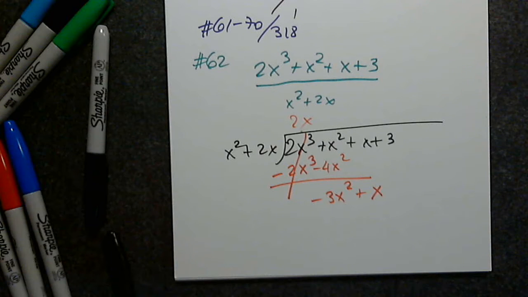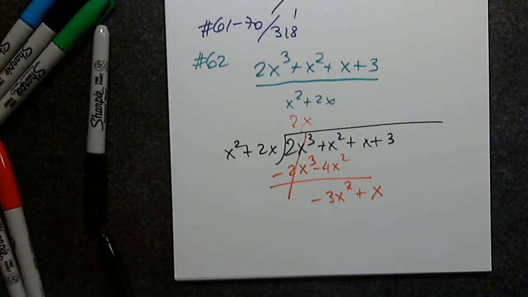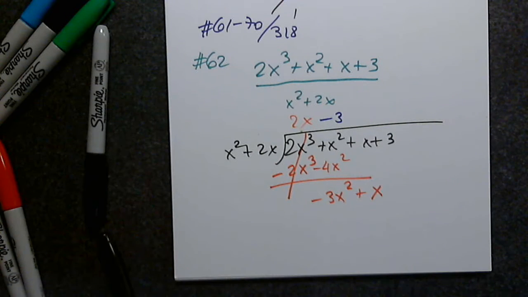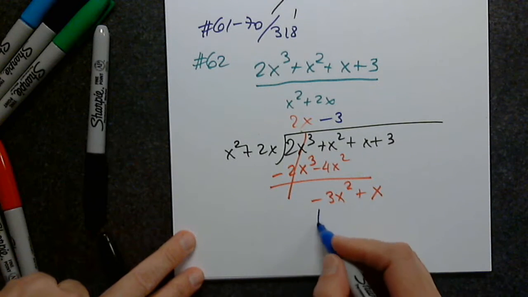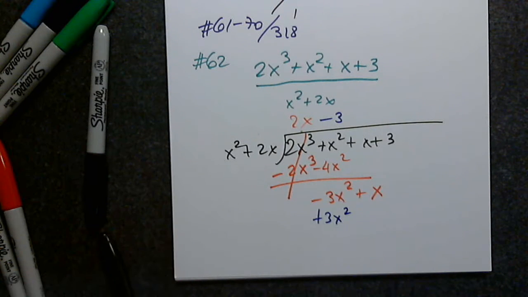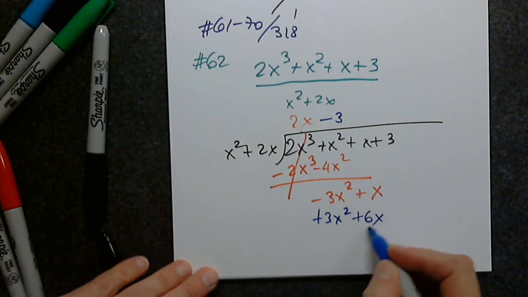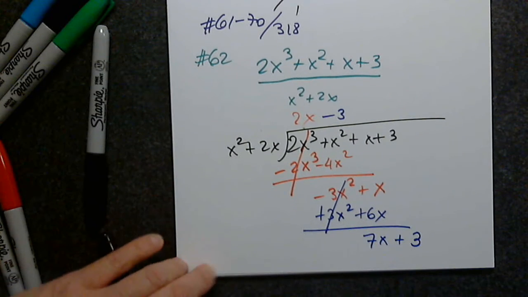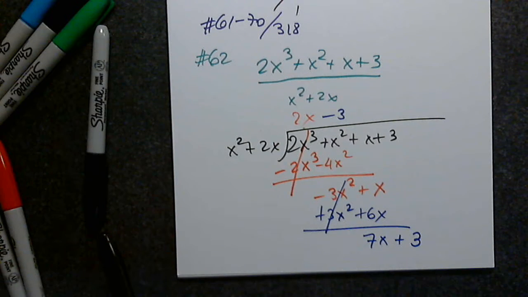X squared times what is negative 3x squared? Indeed, negative 3. Negative 3 times x squared is negative 3x squared, but positive 3x squared. Negative 3 times 2x is negative 6x, but positive 6x. Can I continue? I don't have an answer.